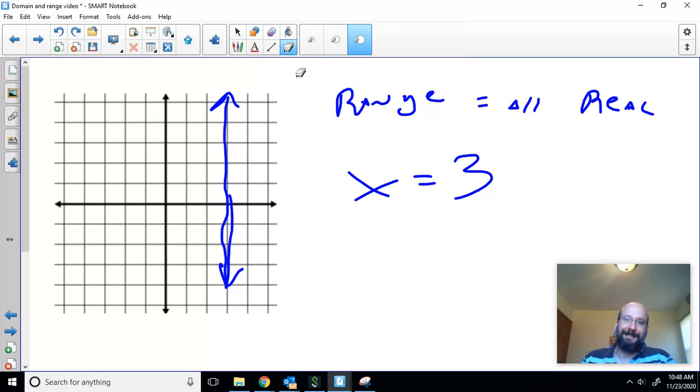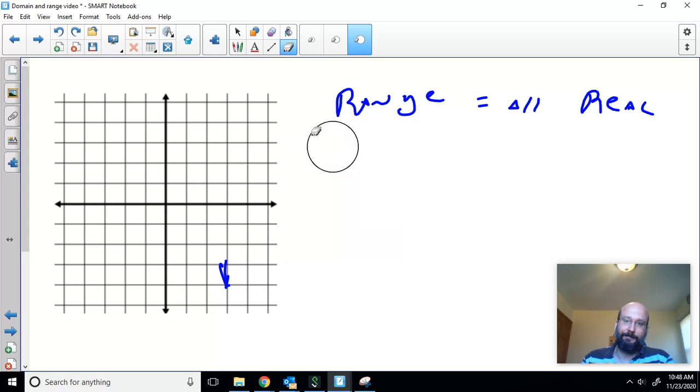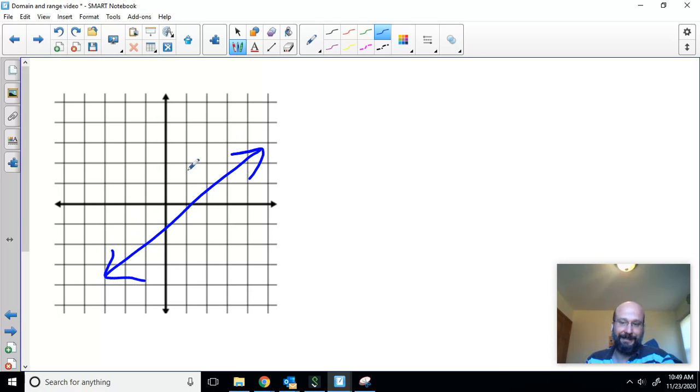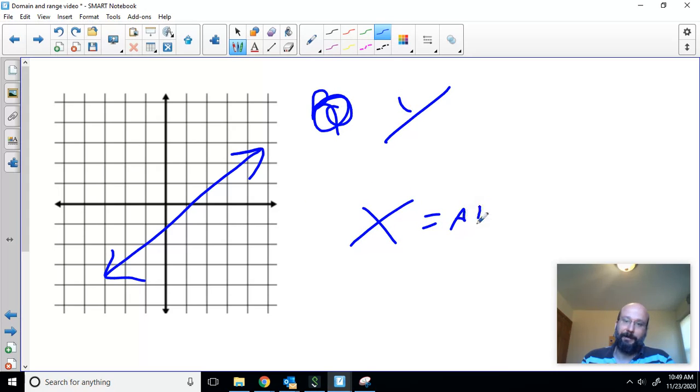So there's always slight exceptions, and those were that. But with any other sort of line with arrows on the end that's not perfectly horizontal or perfectly vertical, range and domain are going to be all real.